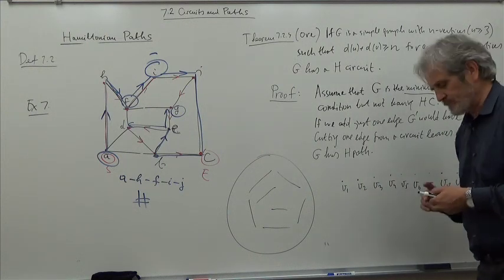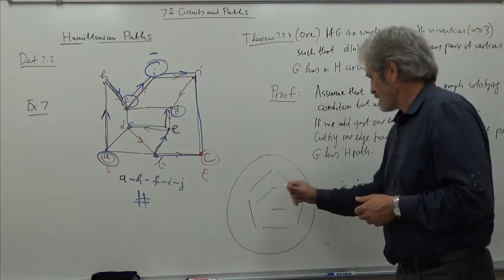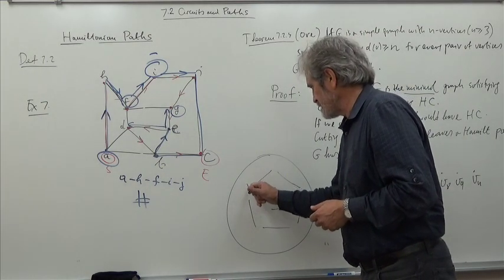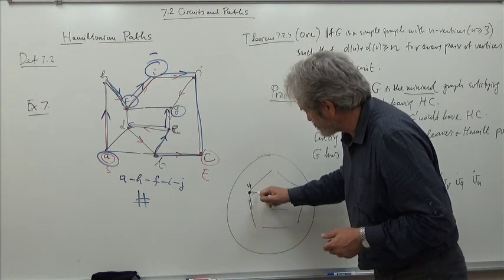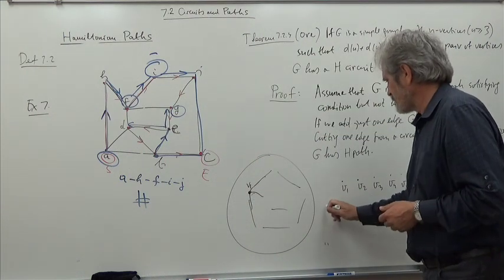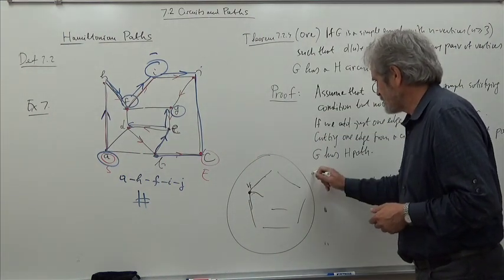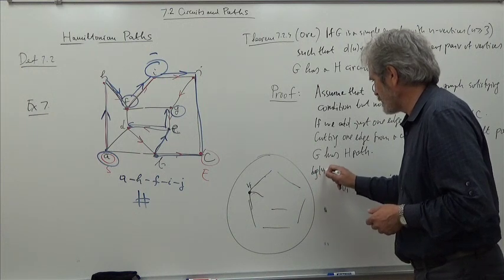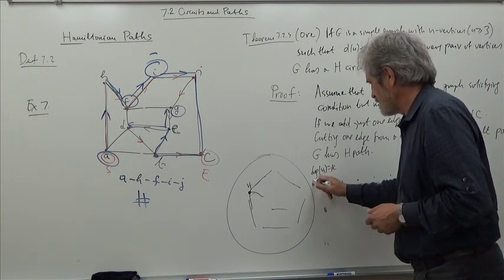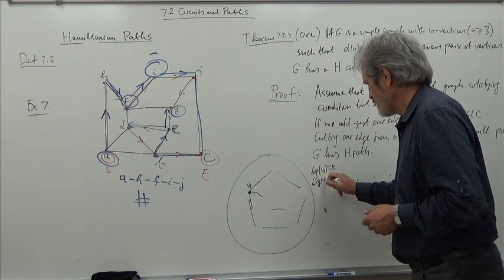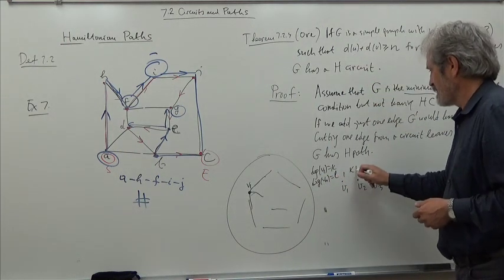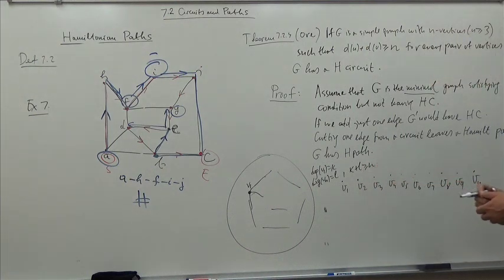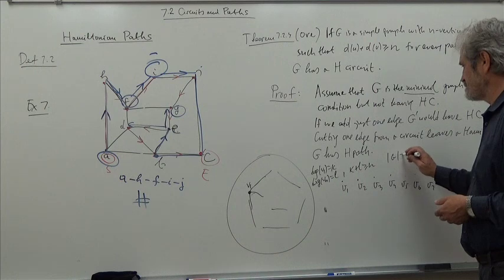Then what do we do? We look at V1 wherever it is. Let me label the degrees. Let's say the degree of V1 is K, the degree of Vn is L, and according to the assumption, K plus L is greater than or equal to n, which is the number of vertices of G.